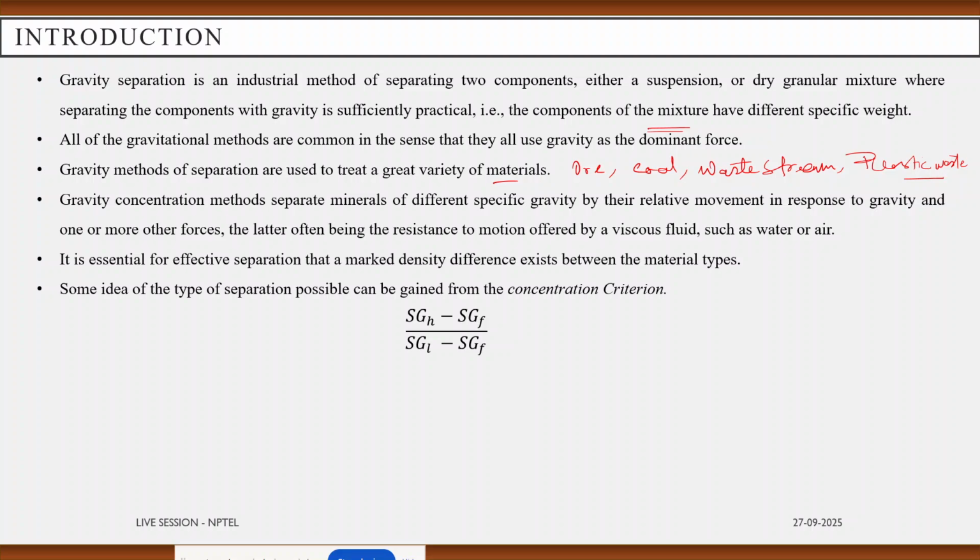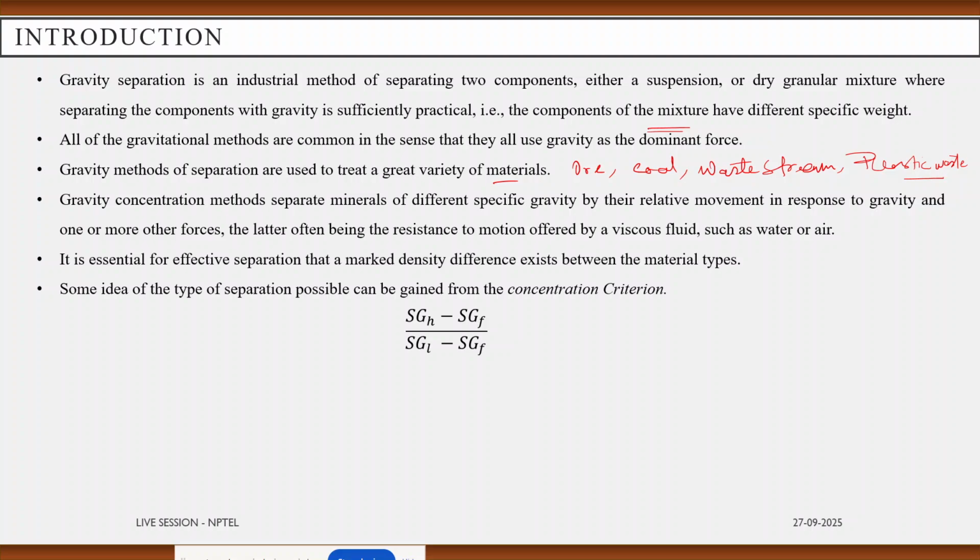Now gravity concentration is more specific to separating minerals of different specific gravity by their relative movement inside the medium in response to gravity, in the presence of one another in the mixture of particles.